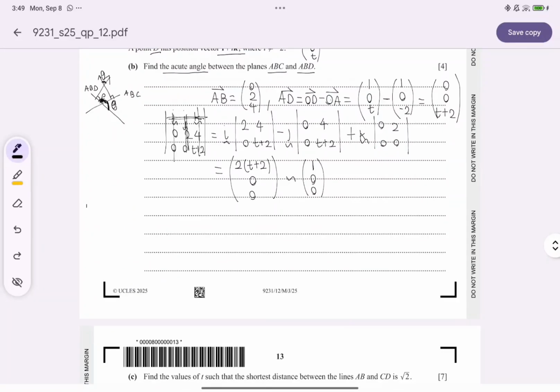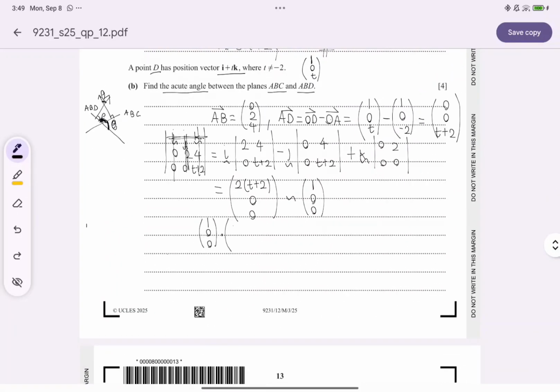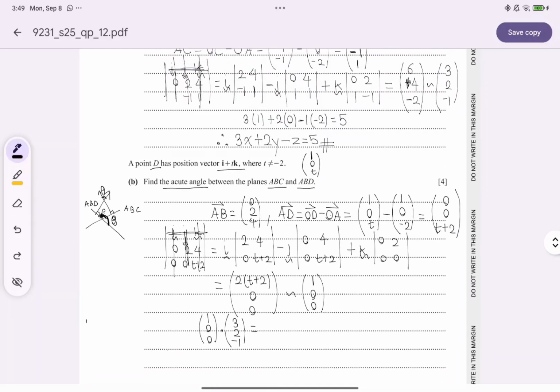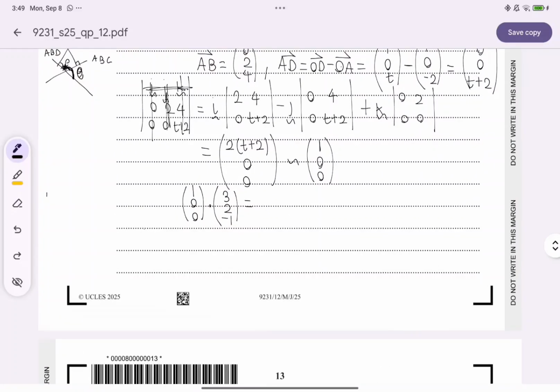Now we are going to use the scalar product to find the angle between the normals. So let's just take the dot product of the normals, 1, 0, 0 times 3, 2, minus 1, equals the magnitude of these two normals.